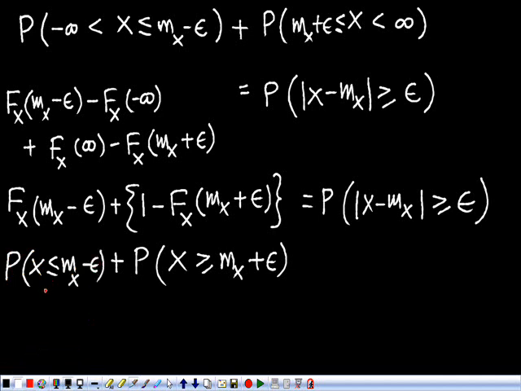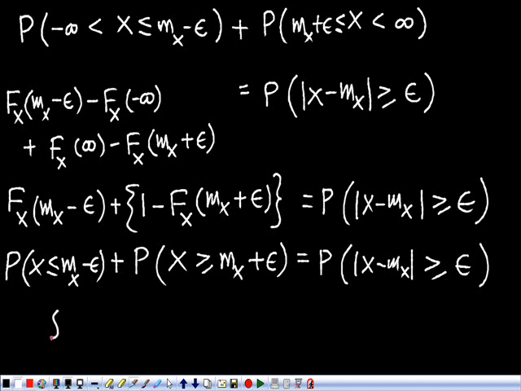See the interval that I have drawn. That is probability of x less than or equivalent to mx minus epsilon. That is minus infinity to mx minus epsilon. Another is probability of x greater than or equivalent to mx plus epsilon. Okay, mx plus epsilon to infinity. We consider two intervals, which is equivalent to probability of mod x minus mx greater than or equivalent to epsilon.